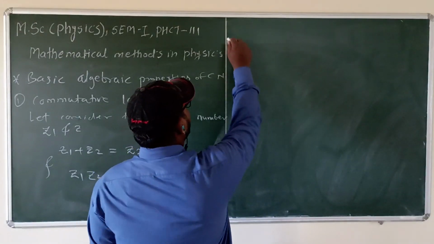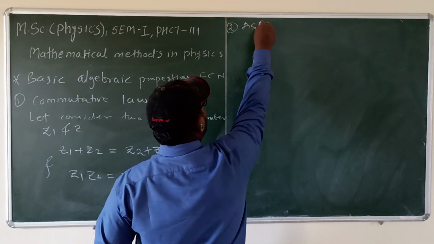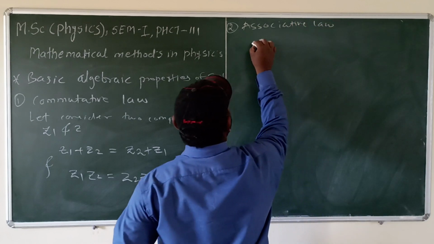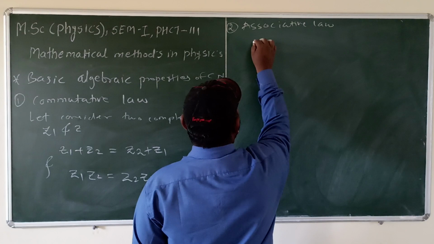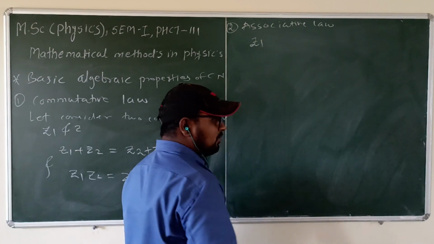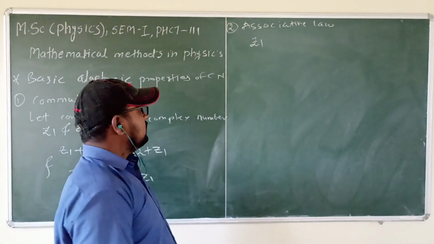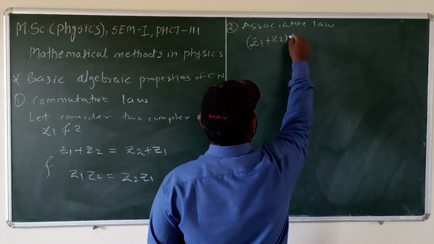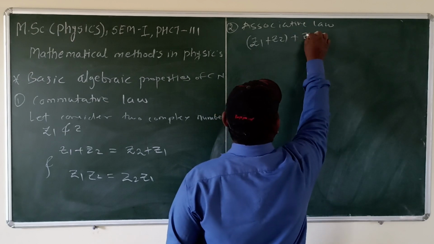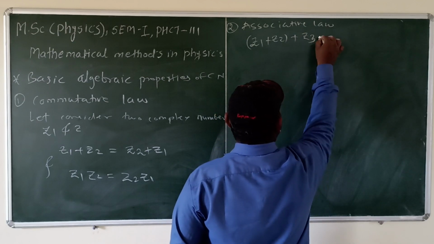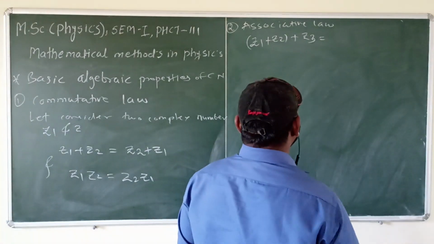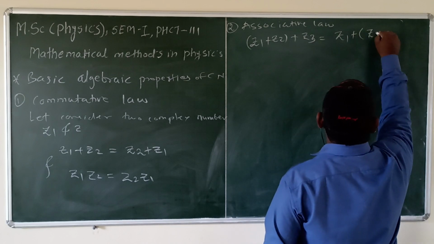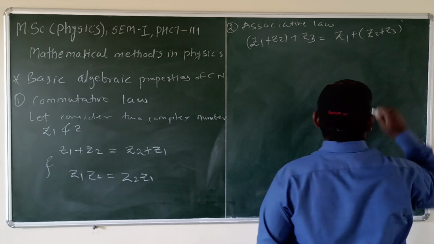Second is associative law. Okay, what is associative law for addition? For addition, it is for three complex numbers Z1, Z2, and Z3. The associative law works as Z1 plus Z2 in brackets, then adding Z3, which has the same result as adding Z1 to the addition of Z2 and Z3.